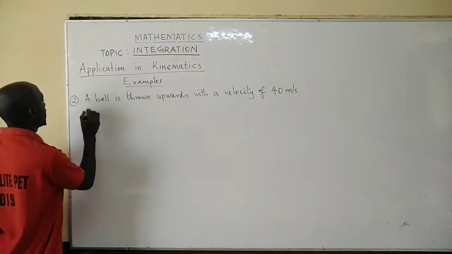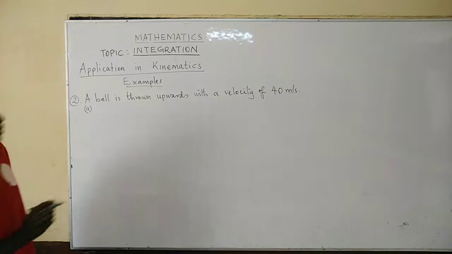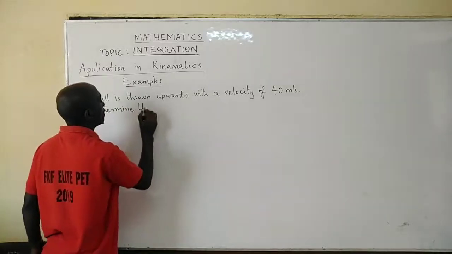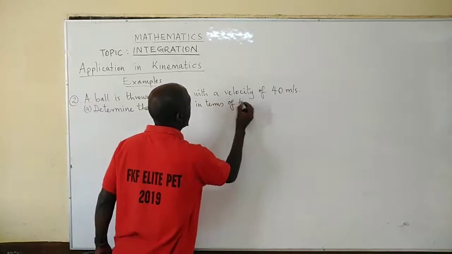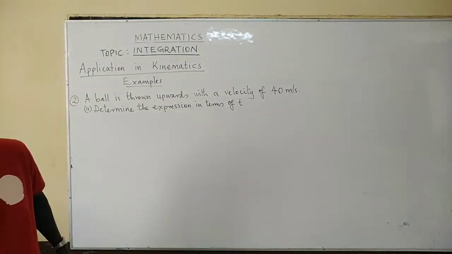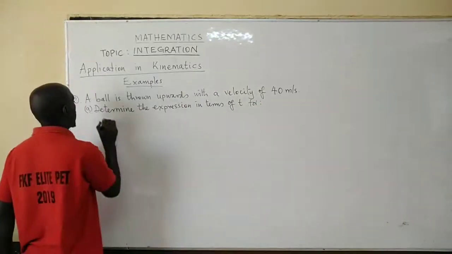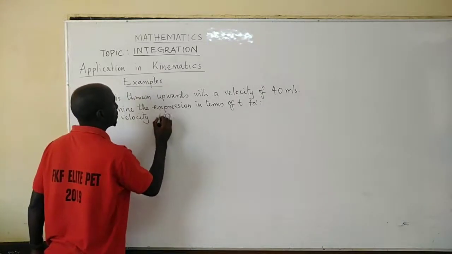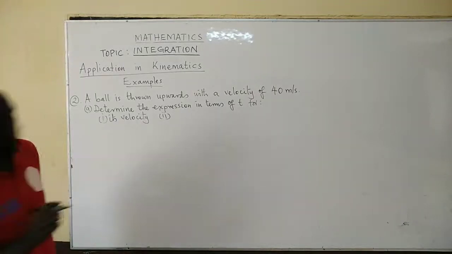Question A. Determine the expression in terms of t for its velocity, and for its height above the point of projection.